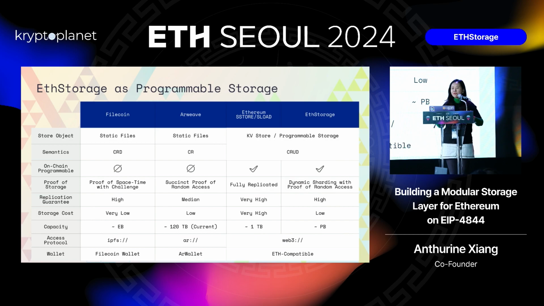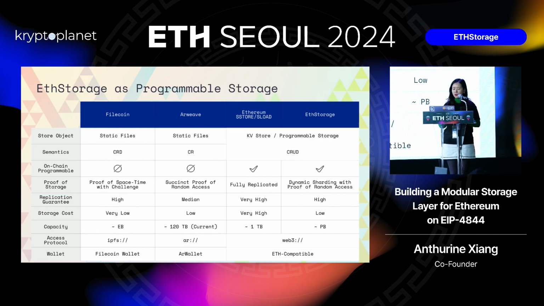Except for a long-term data availability layer, ETHStorage can do more. There's a common question: what's the difference between Filecoin, Arweave, and you guys? In short, there are two main differences. The first one, Filecoin or Arweave can only store static data, static files, while we can support dynamic data. And the second one is we are fully compatible with the Ethereum ecosystem.